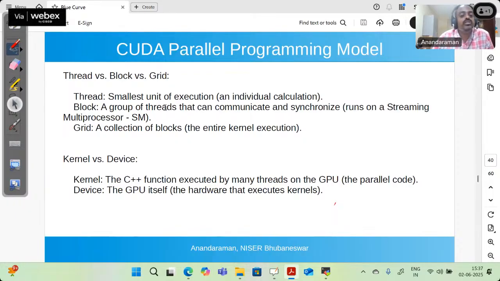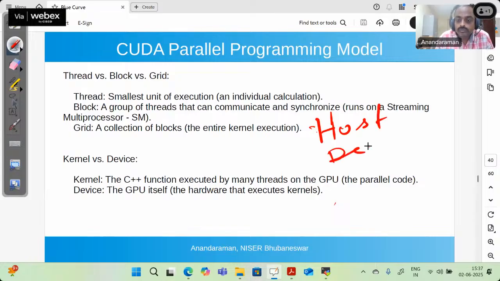So what is a kernel? What is a device? A C++ function executed by many threads on the GPU, the parallel code, is called a kernel. The GPU itself is called the device. So device is GPU, host is CPU. Three terms you have to understand: host, device, kernel.